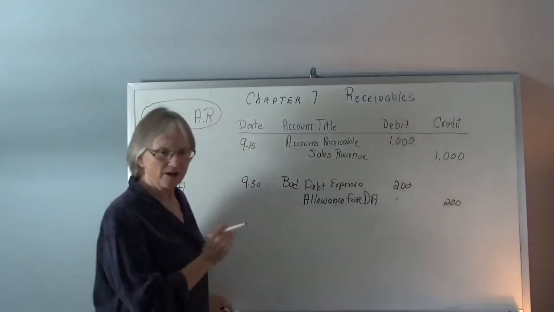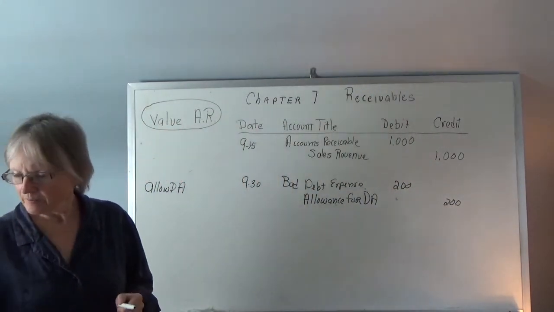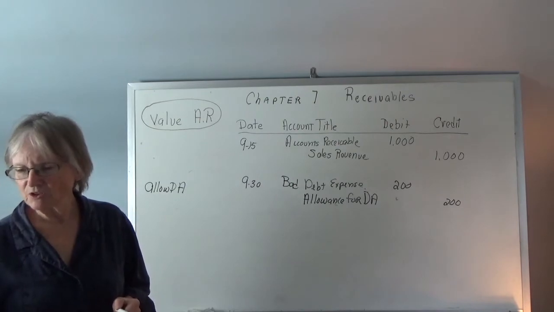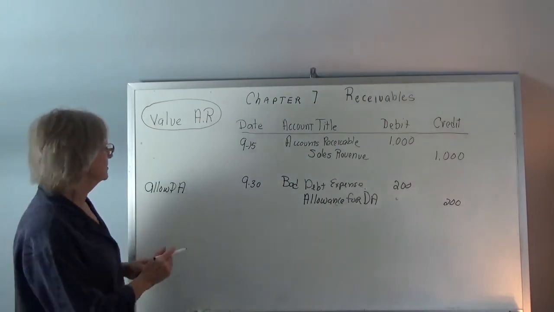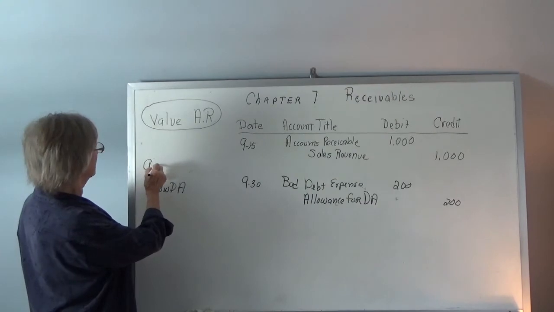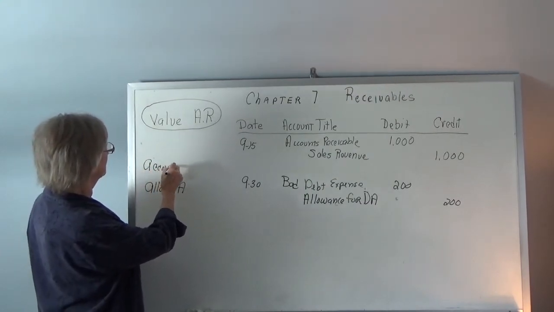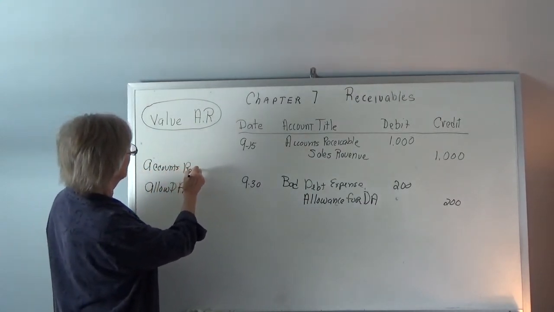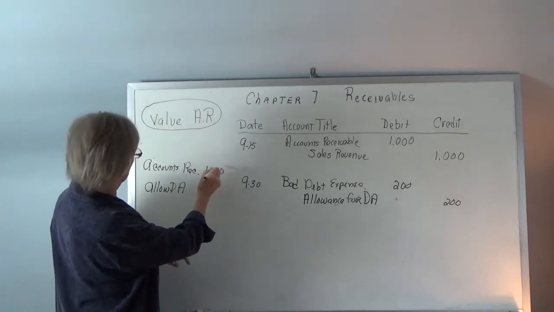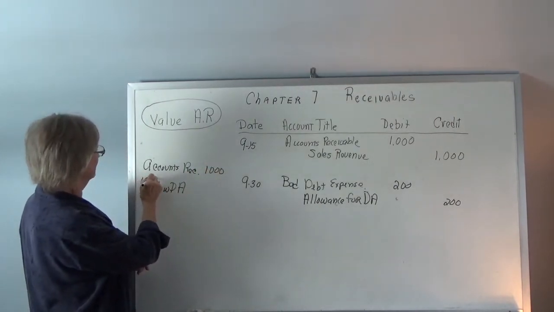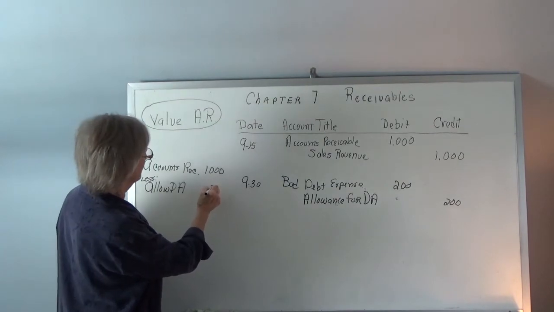Okay, so now we've set up this allowance account, and on the balance sheet, what you would have is accounts receivable of 1,000, and then you'd go less the allowance for doubtful accounts of 200.